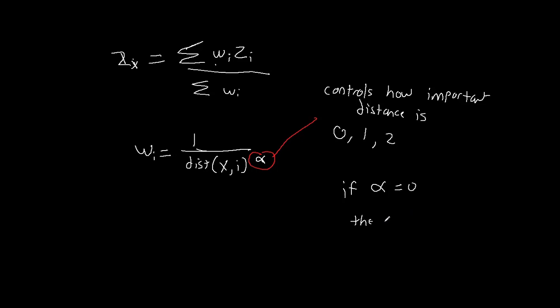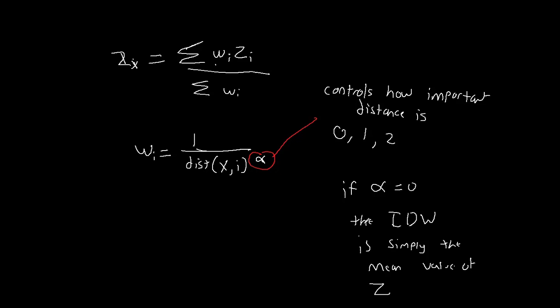then IDW, inverse distance weighted, is simply the mean value of the z's that we're considering.